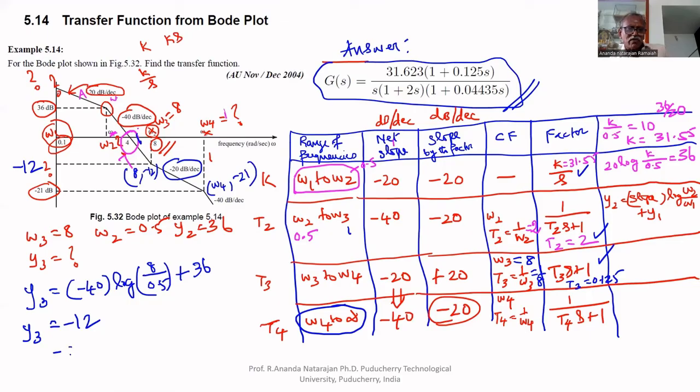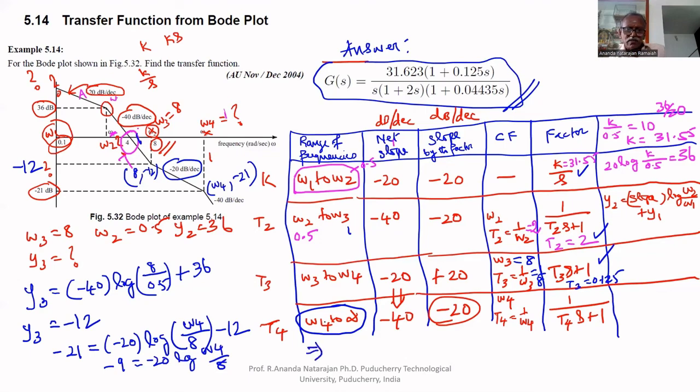Therefore, minus 21 equal to slope, minus 20 log omega 4 not known, omega 3 is 8, plus the magnitude, which is minus 12. So minus 21 minus 12... minus 9 equal to minus 20 log omega 4 by 8.